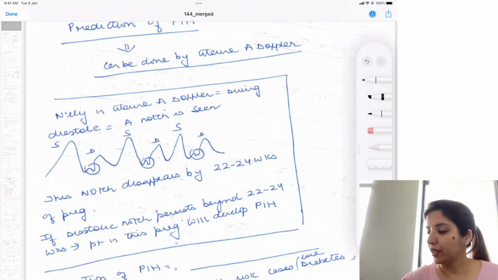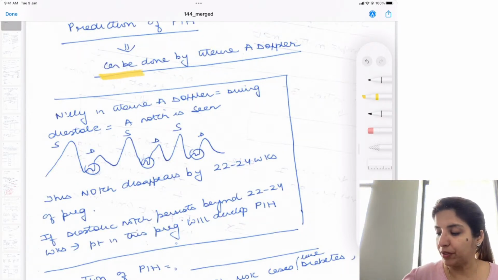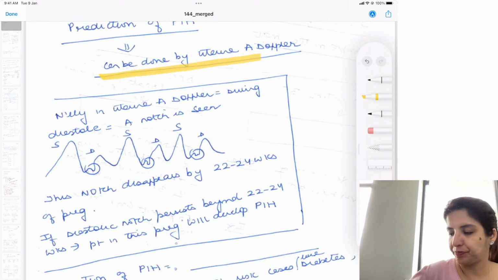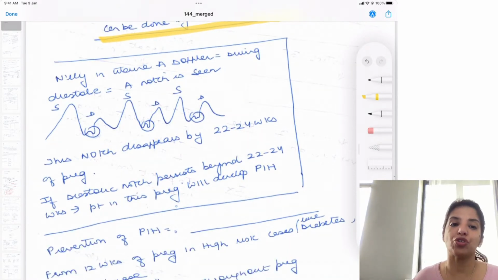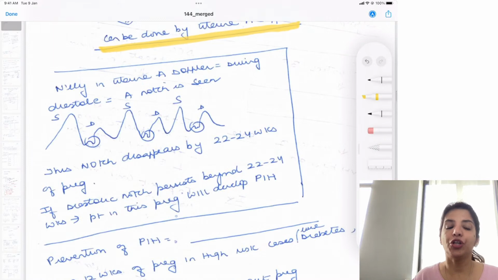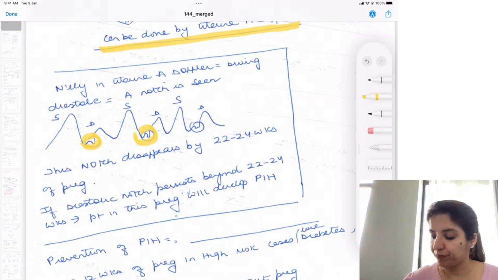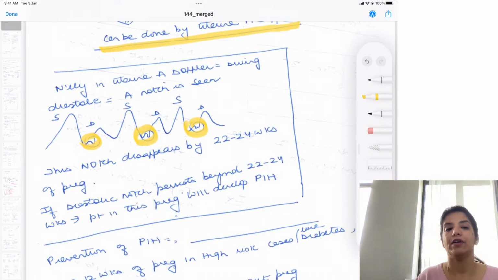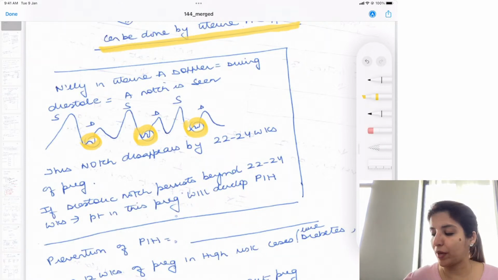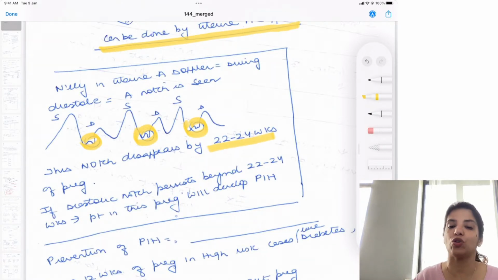Now, normally in a uterine artery Doppler, during diastole, you get a notch. So during diastolic phase, you get a notch. Right? And this notch disappears by 22 to 24 weeks of pregnancy.